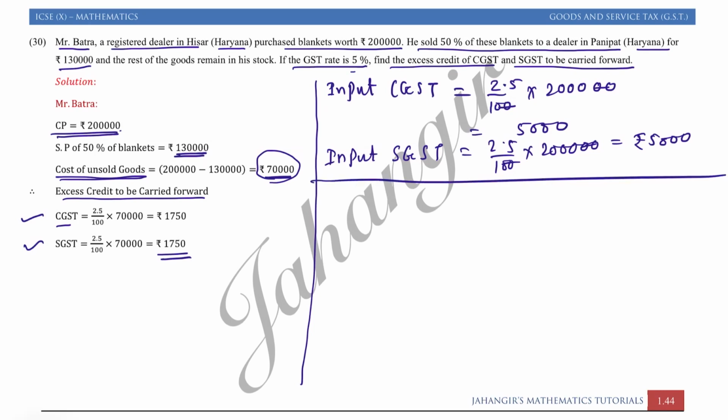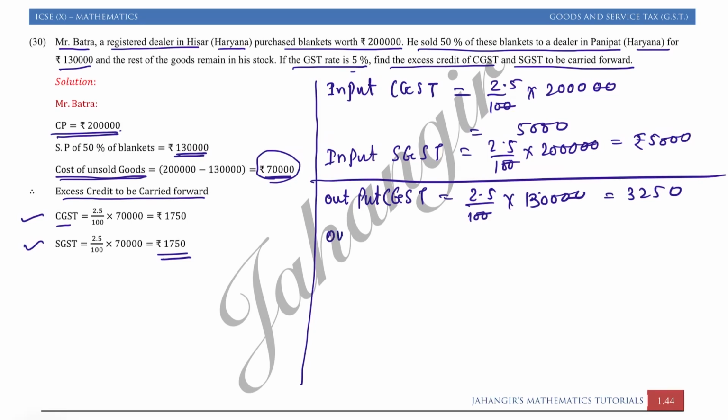Now he sold goods worth rupees 1,30,000. So output GST here, CGST, that is 2.5% of 1,30,000. So two zeros cancel, we will do 2.5% into 1300. That is rupees 3250.